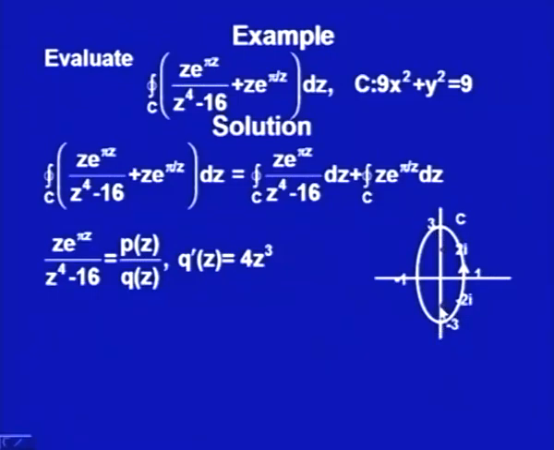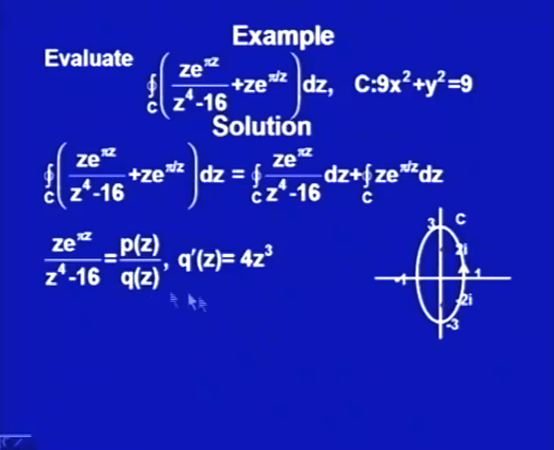So, minus 2 I and plus 2 I, they would be inside the given contour. So, now for this first integral, we have to evaluate this integral for a function which has two isolated singularities inside the contour. So, we would use the residue theorem here for a finite number of isolated singularities.